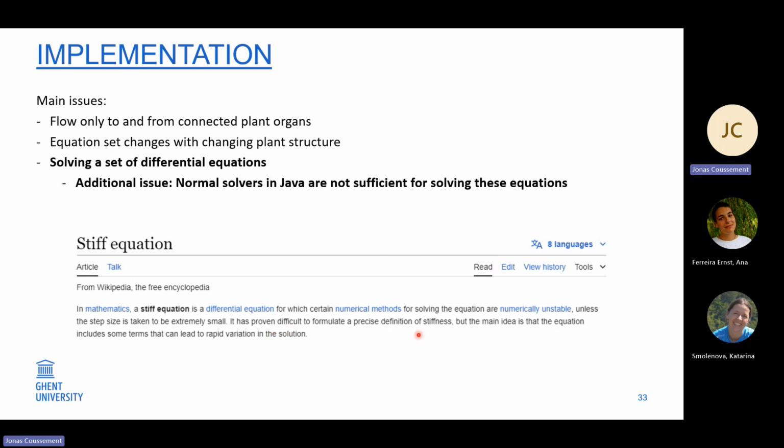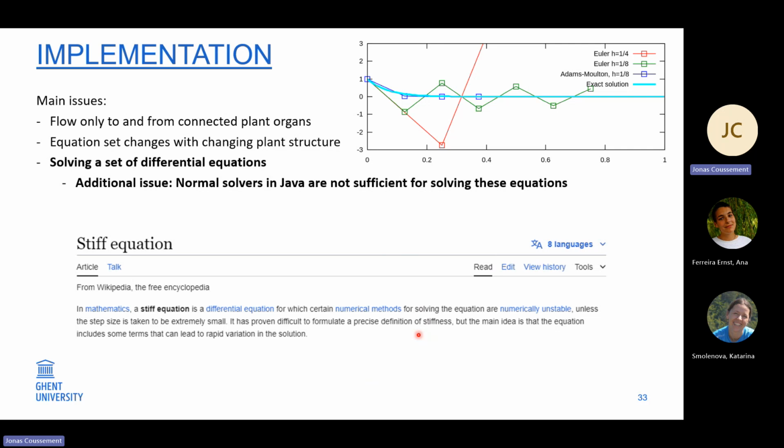It basically comes down to a system with some gradual changes, where it's very hard with a normal integrator to have a step size adequately small enough to solve the problem, because your step size becomes so small that it takes so much time to just solve the equations. So what we need is a different type of solver that can adjust its step size based on the smoothness of the function it's trying to solve.